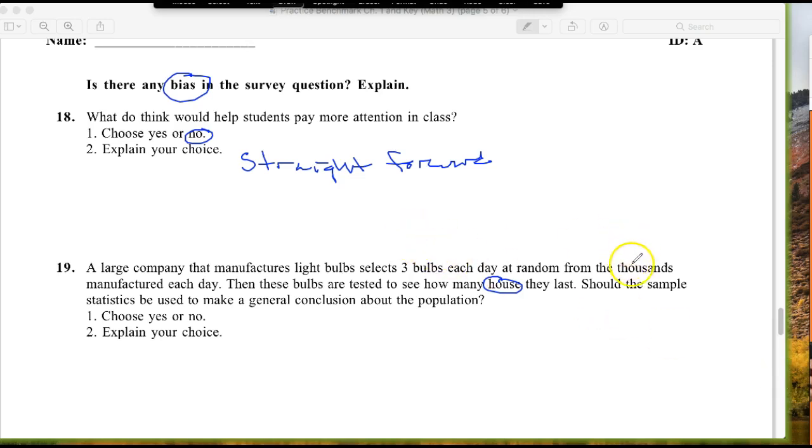Do you think this sample could be used for the general population of light bulbs? Well, if they manufacture thousands each day and they only pick 3 to test to see how many hours they last, that's not very many. That's a pretty small sample size, super small. So I'm going to say, should the sample be used? I'm going to say no. It's a small sample size.